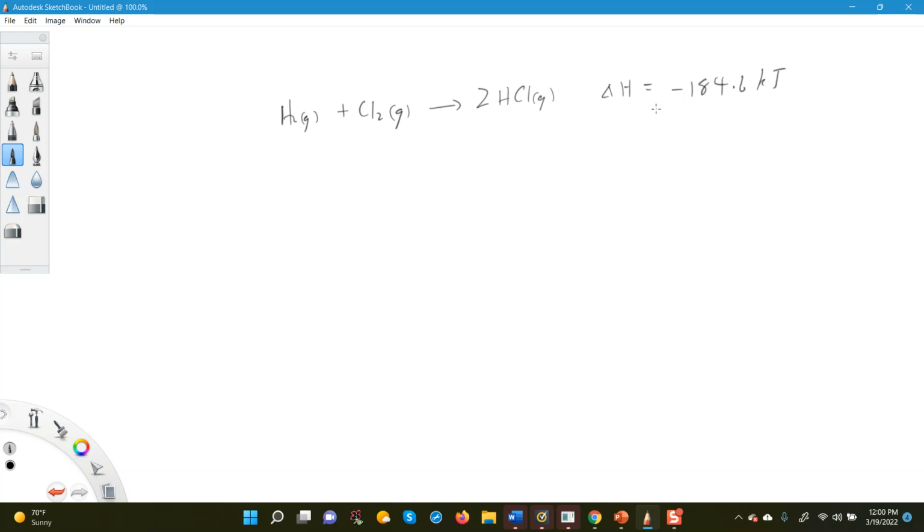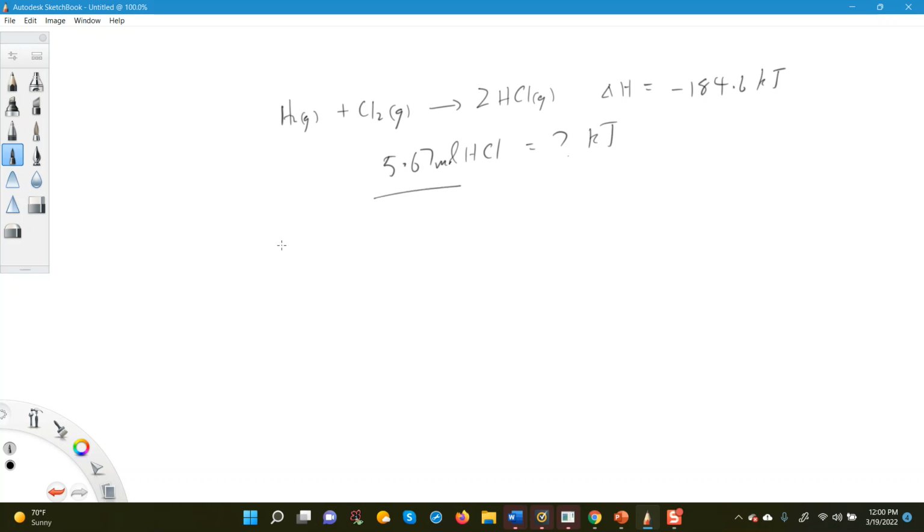And the question gives you the moles of HCl, 5.67 moles of HCl, and the question is asking for, based on this, what is the delta H value, presumably in kilojoules, for this amount of HCl.